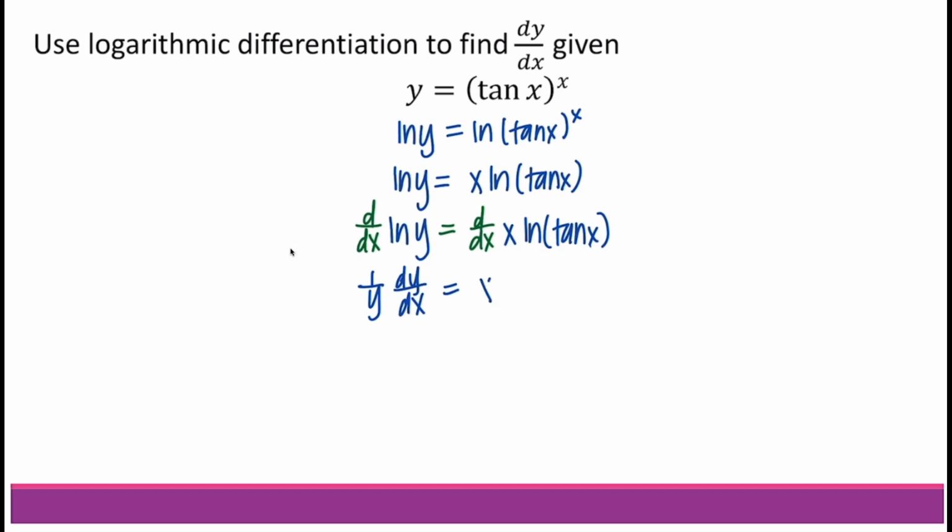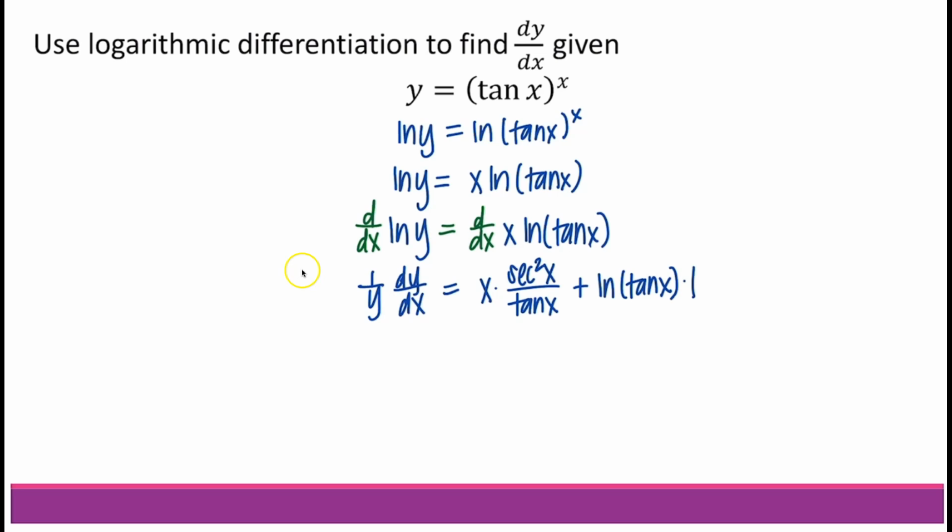So I'm going to leave the first function alone, x. The derivative of natural log tangent x, I'm going to put tangent x on the bottom and its derivative on the top from the chain rule, which is secant squared x, plus, then I'm going to leave the second function alone, which is natural log of tangent x times the derivative of x, which is 1.